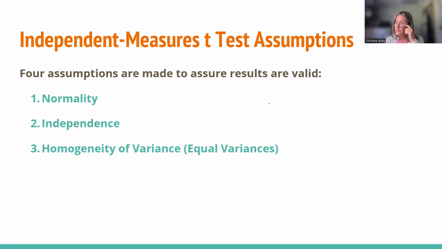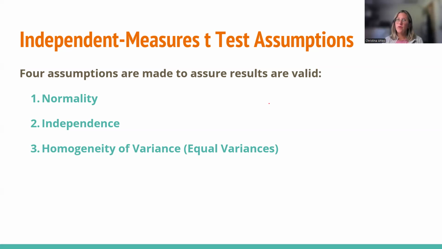There are things that we need to assure before we can report results, or that we often have to take into consideration. Remember, on the one sample t-test, we looked at assumptions as well. We also have assumptions for the independent t-test. In the independent t-test, we have three different assumptions: normality, independence, and homogeneity of variance.